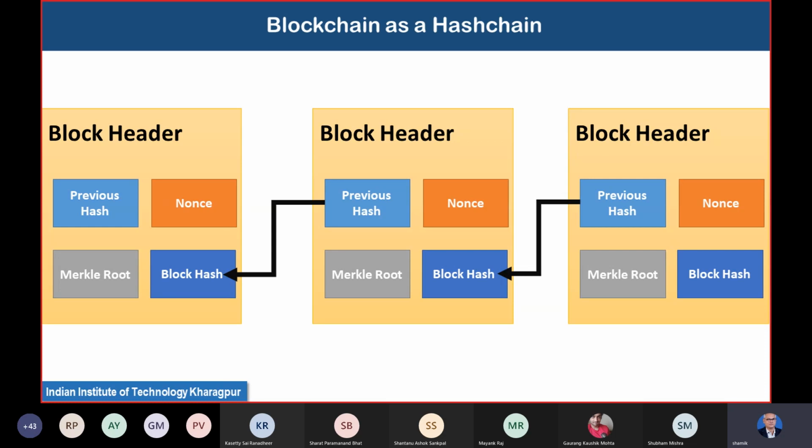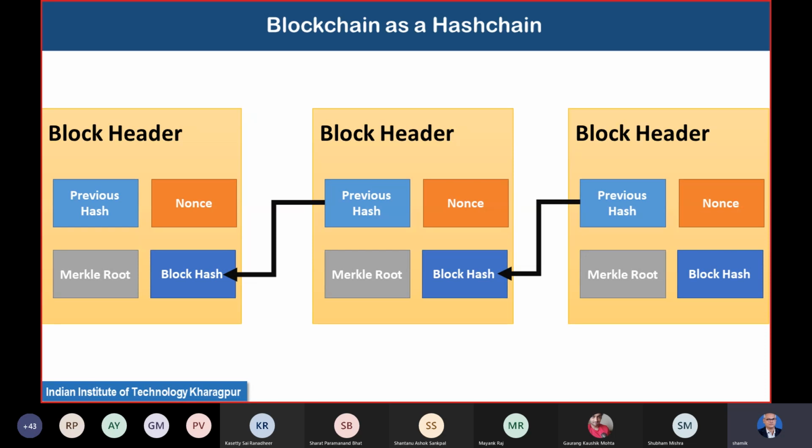But if we consider that this block hash will be computed based on the rest of the components that you see here, the block hash is a hash of the previous hash, Merkle root, and nonce. And it will generate a hash value which will satisfy, say, 5 leading zeros. As a result, this block hash is now pointed to by the previous hash in the rightmost block header.